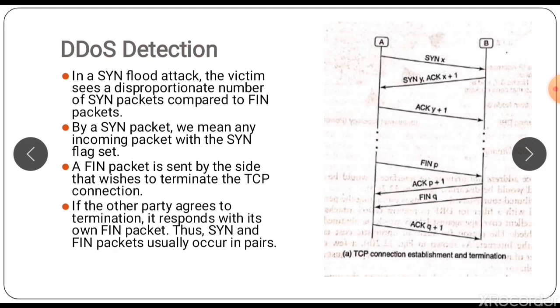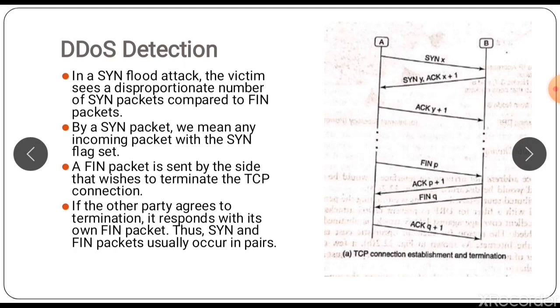Likewise, FIN and RESET packets are respectively those with FIN and RESET flags set. A FIN packet is sent by the side that wishes to terminate the TCP connection. If the other party agrees to termination, it responds with its own FIN packet.